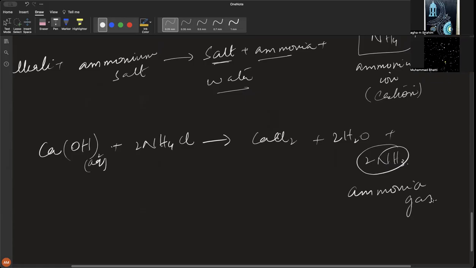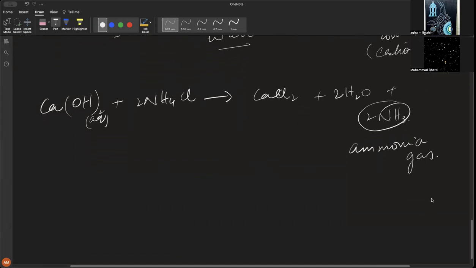This goes for all alkalis. Whenever alkalis are reacted with ammonium chloride, you're always going to get a salt, water, and ammonia gas, right? How do we check if you have this tube and fumes coming out?